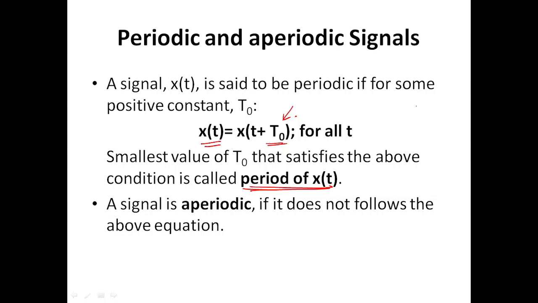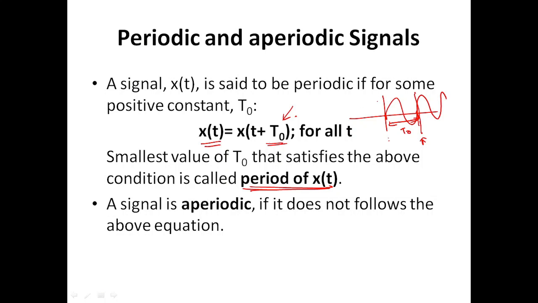Say, take the example of the sinusoidal signals. So this is the T0. Now if I shift this origin from here to T0, see, the signal is repeating. Then if I again change it to 2 T0, again the signal will be repeating.